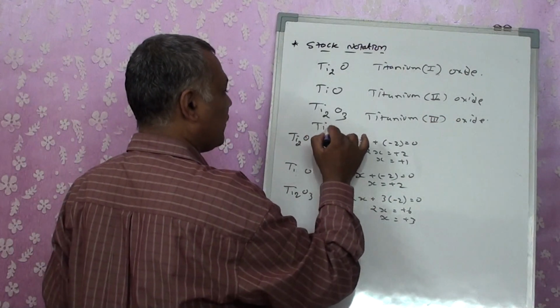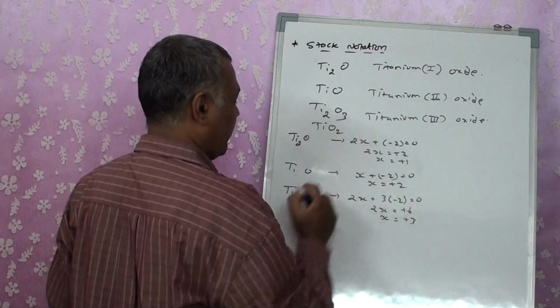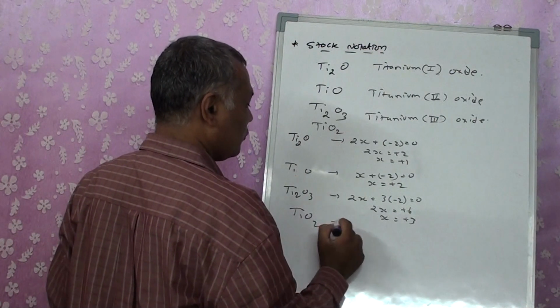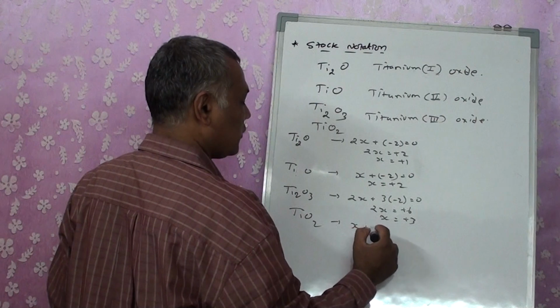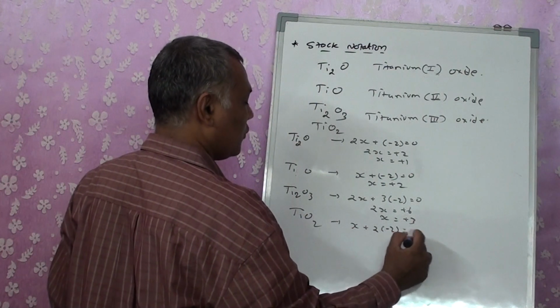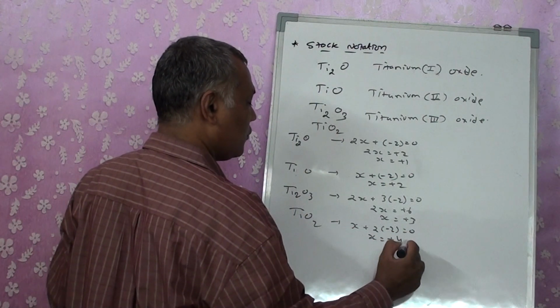There is even another one, TiO2, which you get as x plus 2 into minus 2, so x will be equal to plus 4.